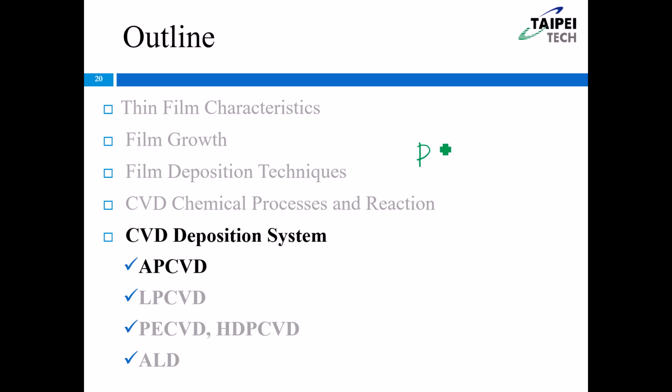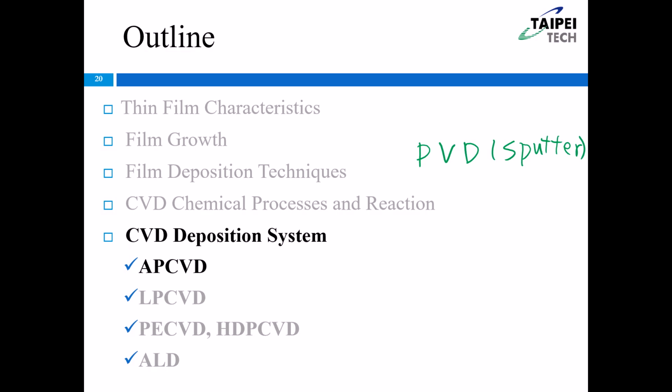One kind of PVD, sputter, is also very important in industry. But we don't go through the sputter, so you can Google the mechanism of the sputter by yourself.